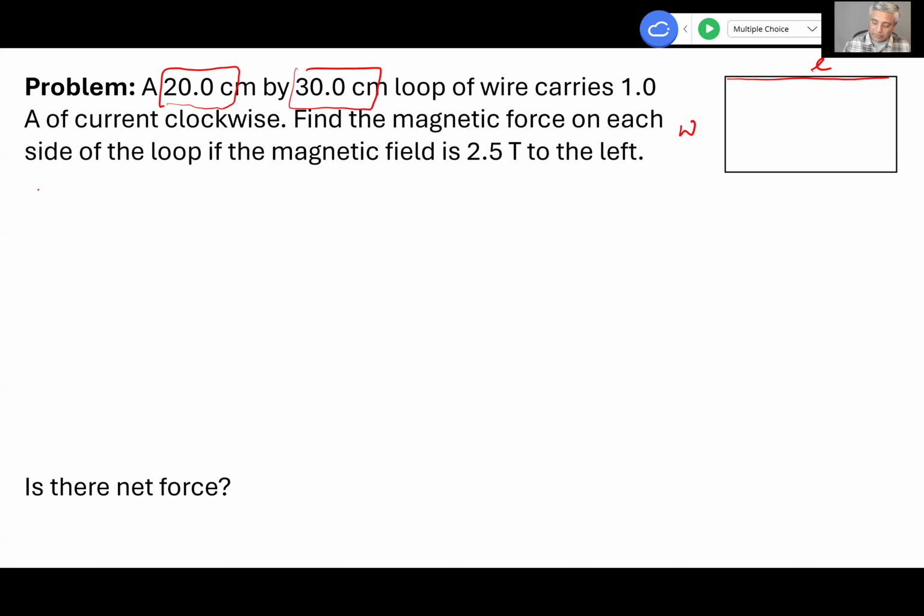So we can say length and width, or we can just use the generic symbols that I have used in the notes. So let's say that is A and this is B. So A is 20. No, A is not 20, but 30 centimeter. And B is 20 centimeter, the way I denoted them, okay?